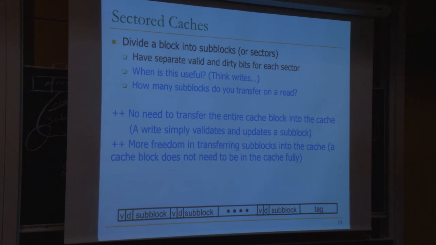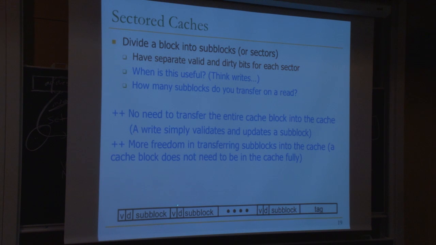Now you have also more freedom in transferring subblocks into the cache. Right? A cache block doesn't need to be in the cache fully. You can have partial blocks in the cache. So you can have more sophisticated policies now. You can say, maybe when I access this block, I only access this subblock. So I'm going to bring only that from memory.